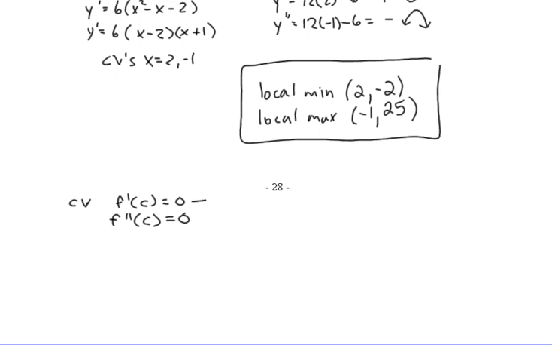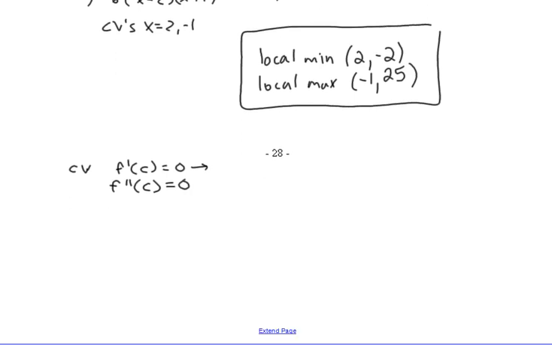What does this mean? It's your horizontal slope, or slope of 0, at c. And then this means it's a, what do we call this? An inflection point at c. So give me a situation where I have a horizontal tangent at c and an inflection point at c as well.